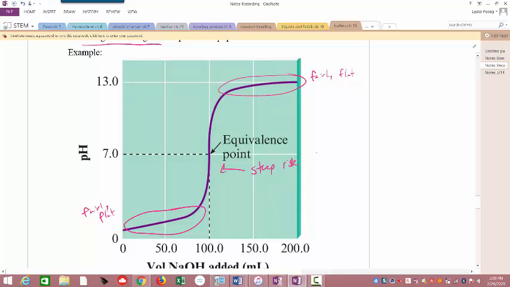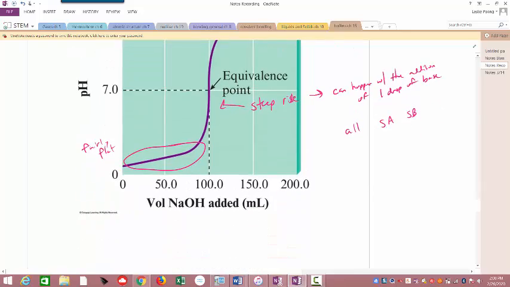Okay? This steep rise can happen with the addition of 1 drop of base. Okay? And all strong acid, strong base are going to give you this same curve.